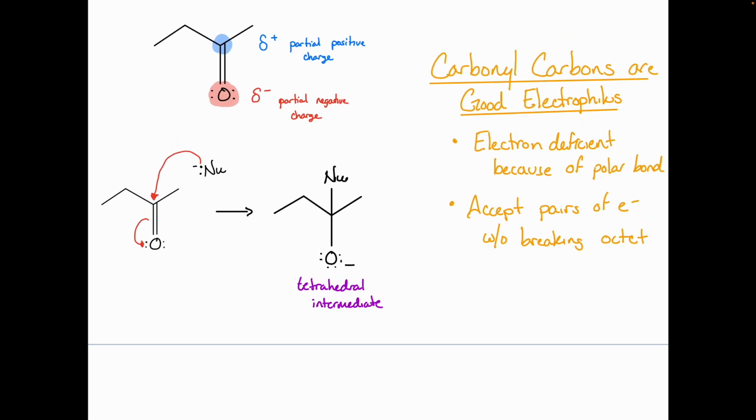We need both of these things together to understand why carbonyl carbons are such good electrophiles. They're relatively electron deficient because of that polar bond, but they can also accept pairs of electrons and never break their octet.